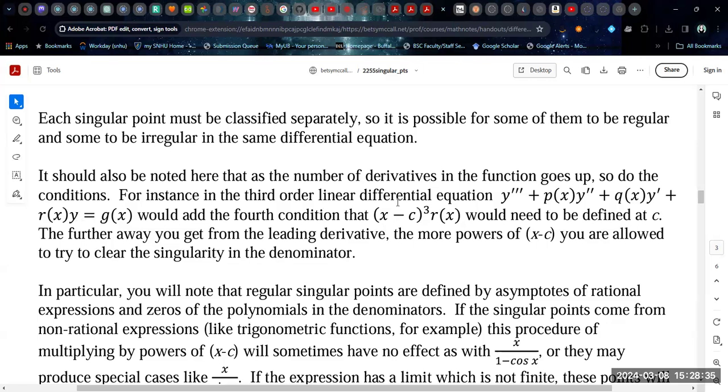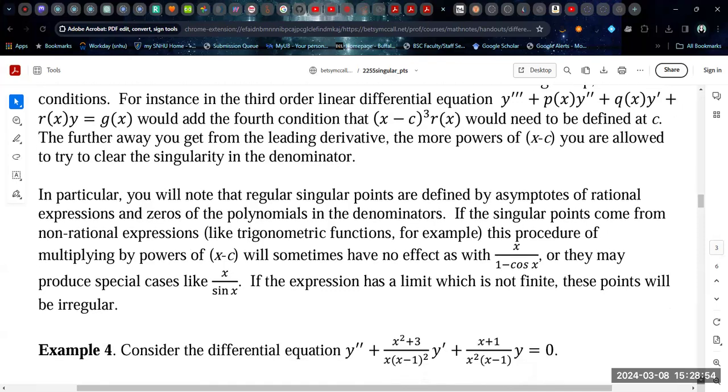This may help us cancel things, or it may just be the kind of function that doesn't cancel. And again, if you have higher and even higher orders, you can continue with larger and larger powers in order to try to clear that singularity to see if it's regular or not.